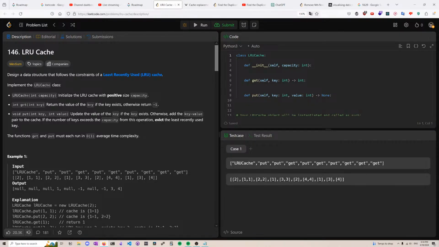LRU cache initializes the LRU cache with positive size capacity. Return the value of the key if the key exists. Whoa, is another tortoise and hare problem?